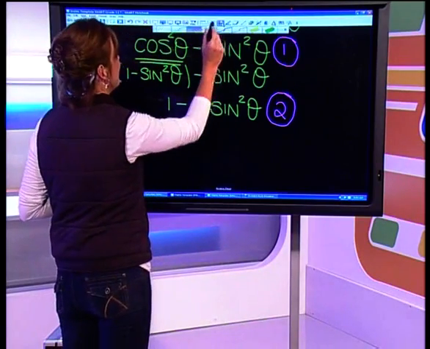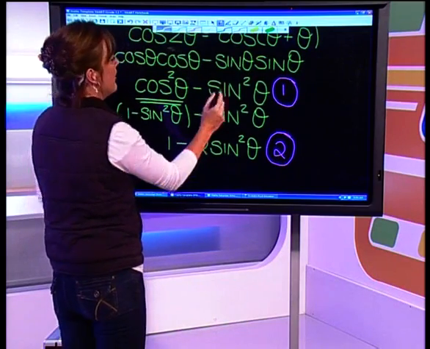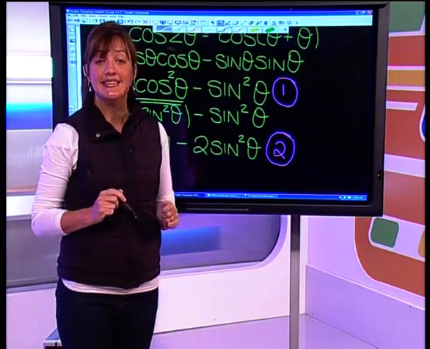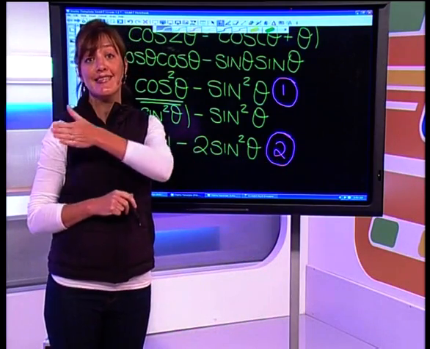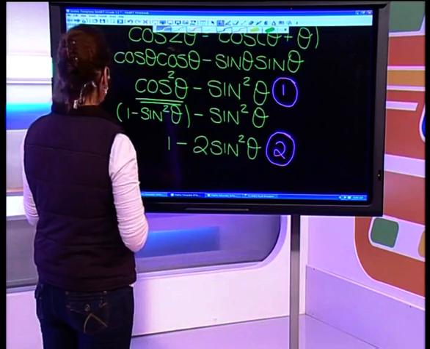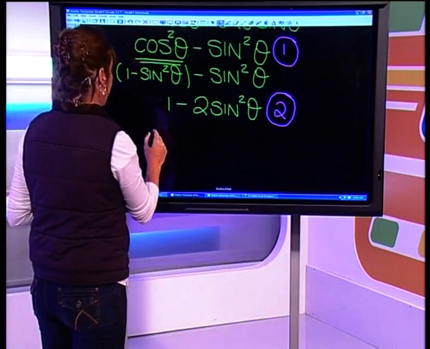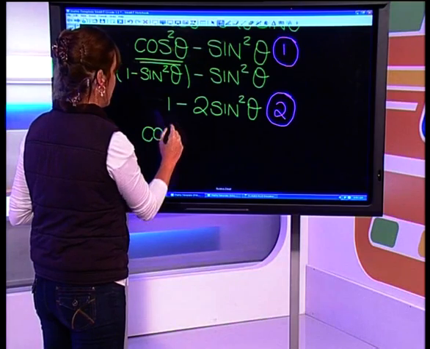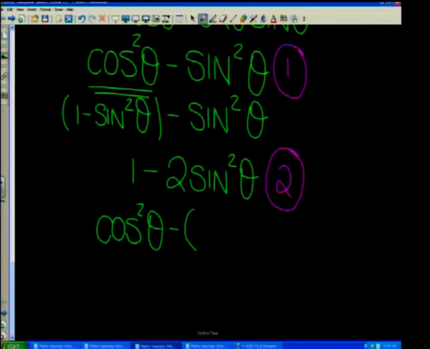And there's one more. If we go back to the original cos squared theta plus sine squared theta equals 1, there was an identity for sine squared theta: it is 1 minus cos squared theta. So let's take our first identity, cos squared theta minus sine squared theta, but instead of sine squared theta, I'm going to write 1 minus cos squared theta.